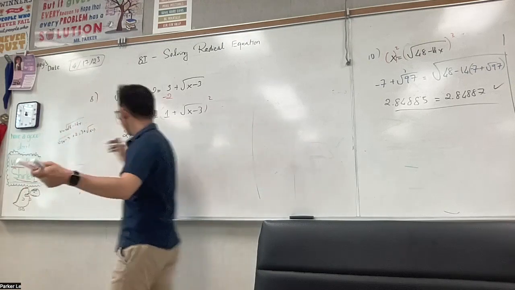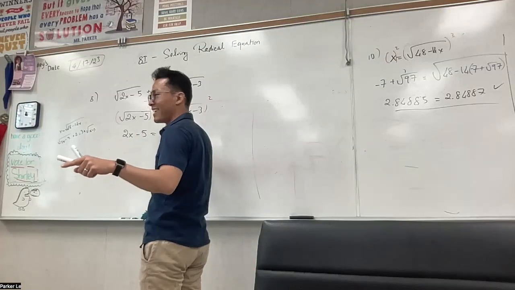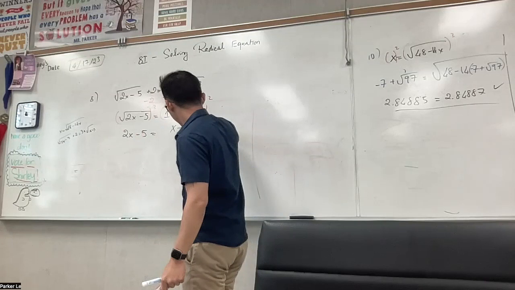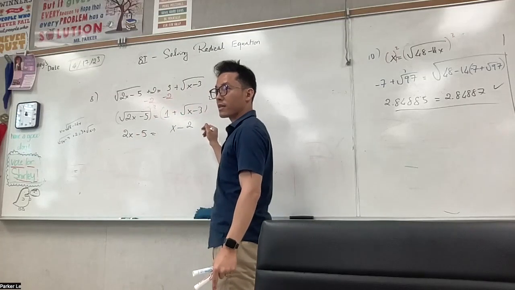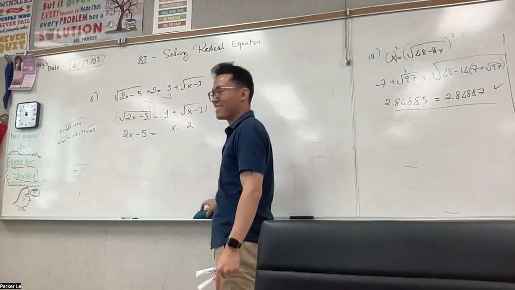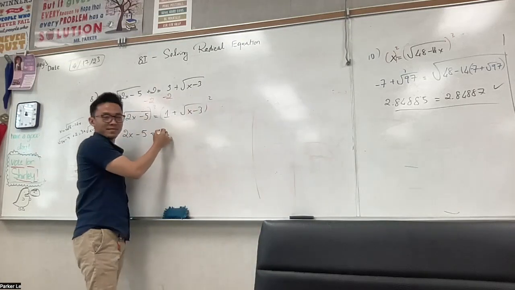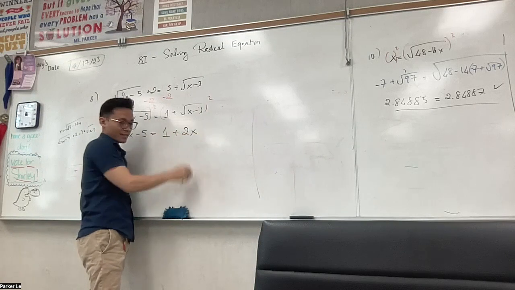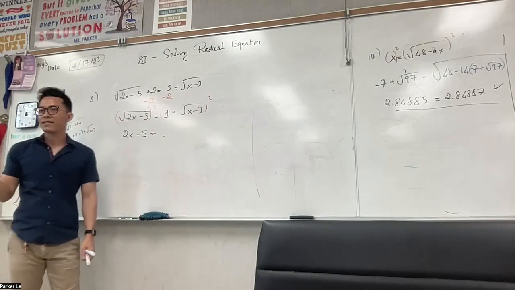Okay, x minus 3. Okay, x minus 2, you combined the step. 1, and then just use the formula, plus 2x. Okay, next. 1 plus x squared.